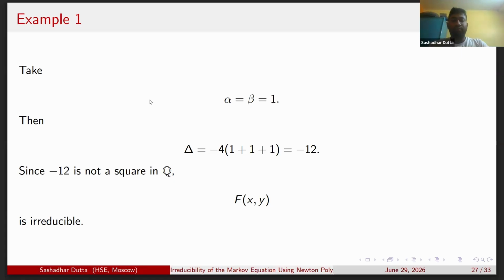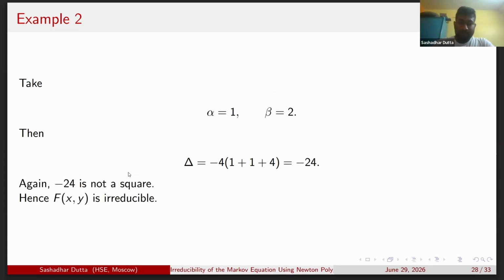Okay, so I'm choosing two more examples. Number one is alpha and beta both equal to 1. So we get that our delta is -12, which is not a square in Q. Another example is alpha equal to 1, beta equal to 2.